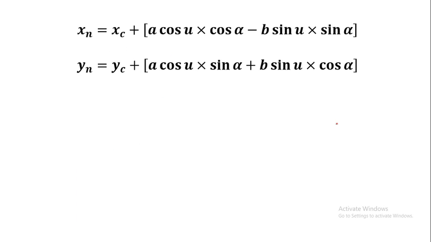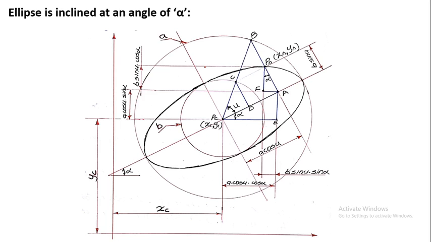By using these equations, we can calculate the points on the ellipse with the parameter u changing from 0 to 360. Alpha is the angle of inclination of the axis with the x-axis of the computer. So by using these two equations, we can calculate the points on the ellipse.